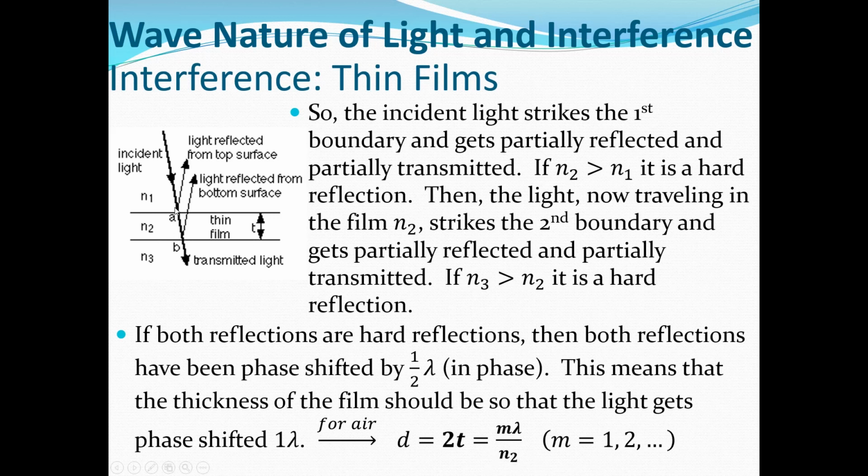Mainly because as it enters this new medium, its wavelength is now going to be different in that section. So we have to use a form of Snell's law to relate the wavelength and the index of refraction to figure out what the new wavelength in this material is. So this is basically its wavelength in air, if you will.